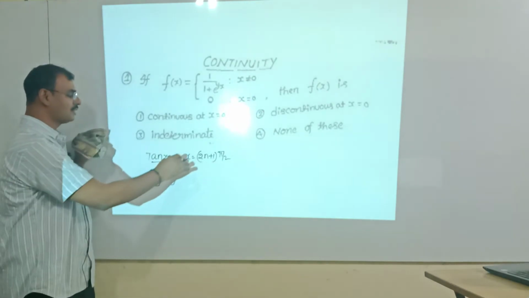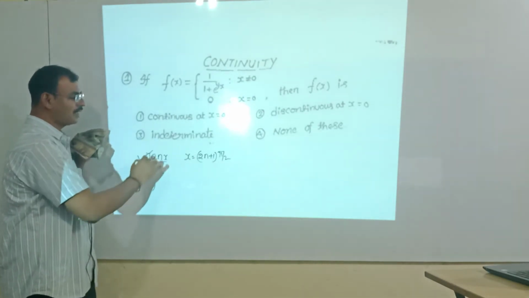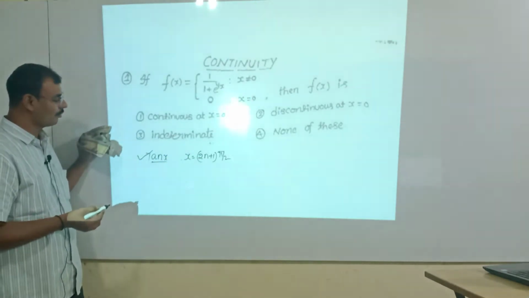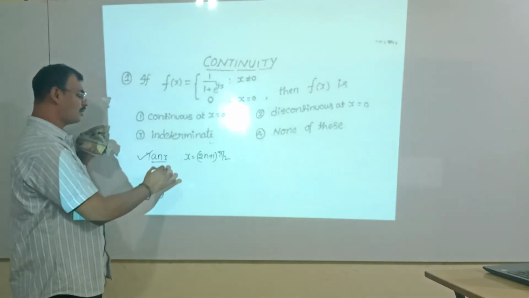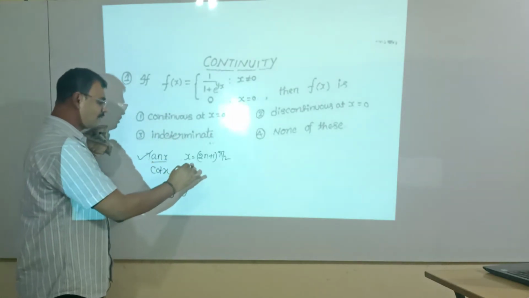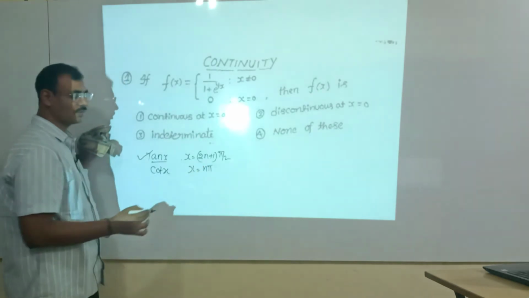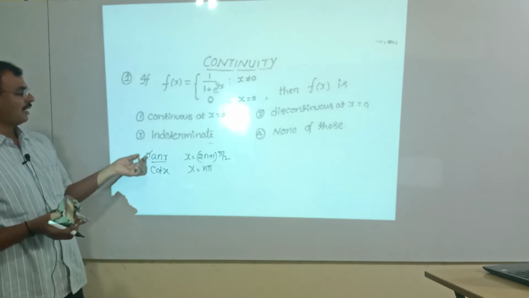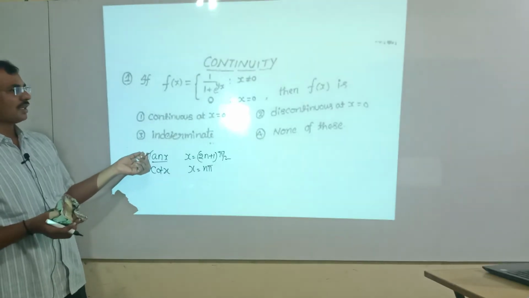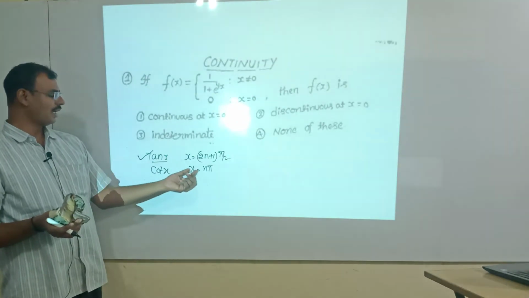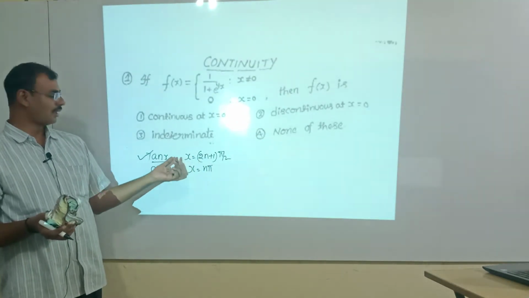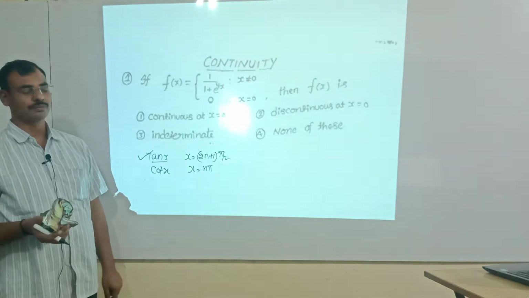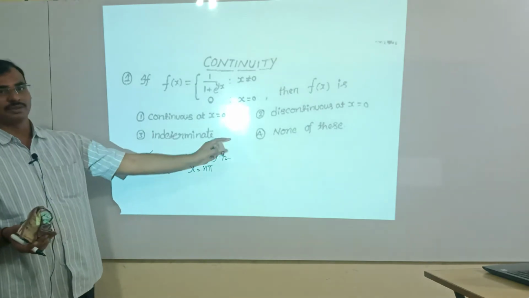Tan x is continuous except at odd multiples of pi by 2. Similarly, cot x is continuous except at multiples of pi. In the same manner, cosec x is continuous everywhere except multiples of pi, and sec x is also the same. So remember these functions also.